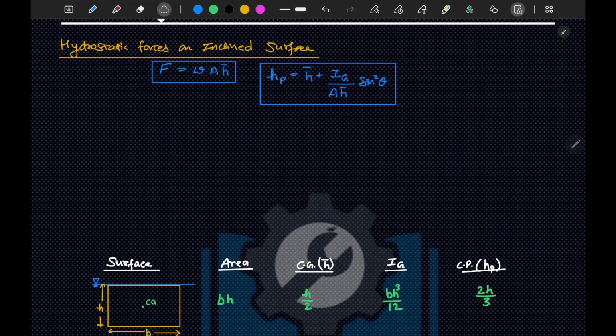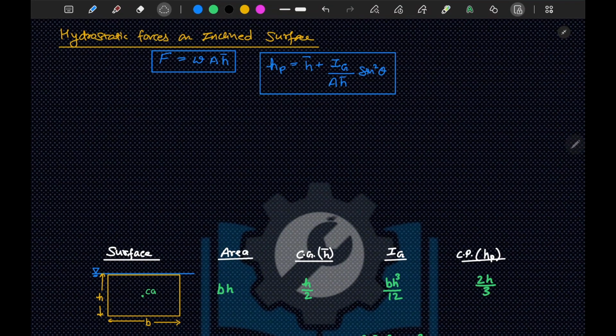Okay, and next, if we talk about curved surfaces, only these two are the main topics here in hydrostatic forces. So, hydrostatic force on curved surfaces.